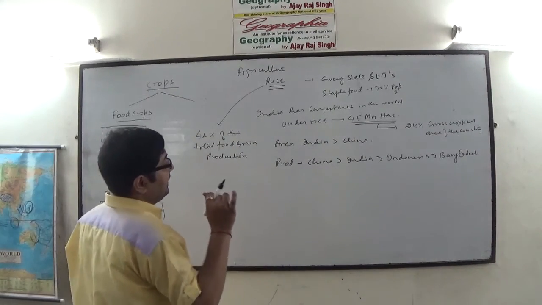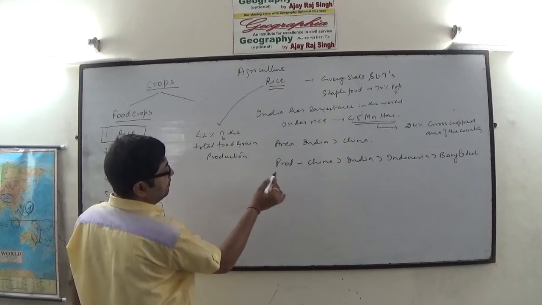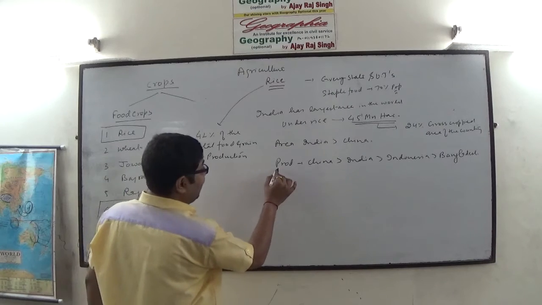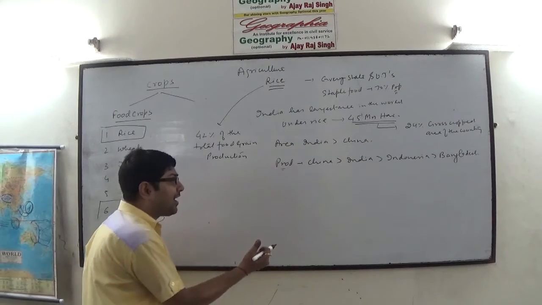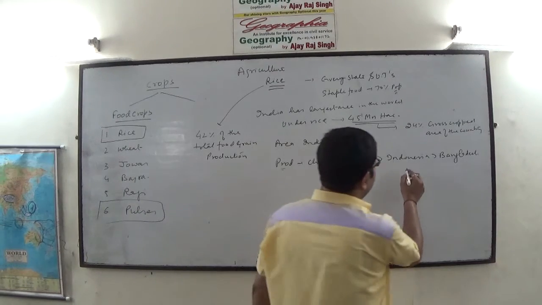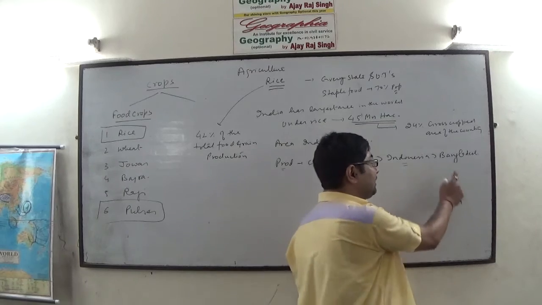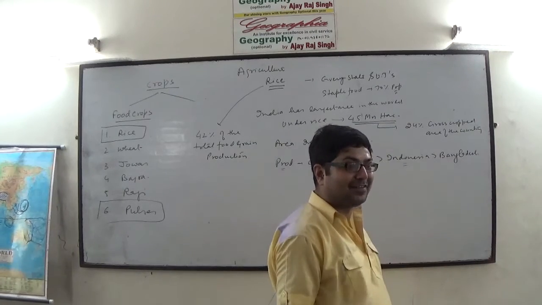Now, these rice producing countries are also the largest rice consuming countries. For example, Indonesia is the world's largest importer of rice, and Bangladesh is the world's third largest importer of rice.